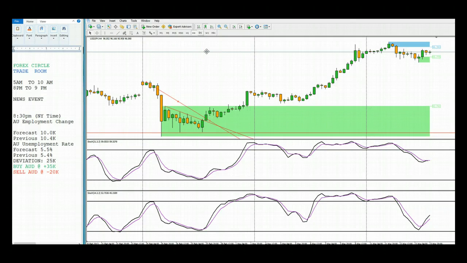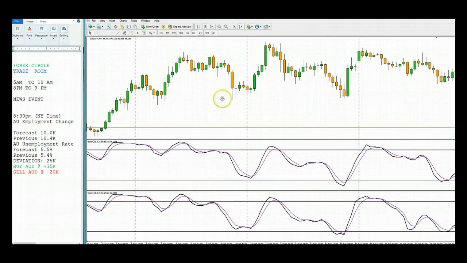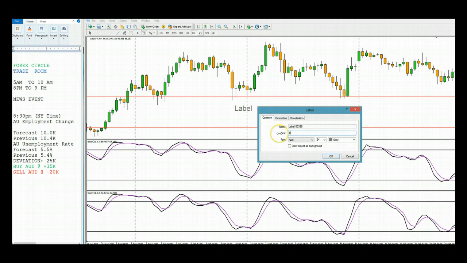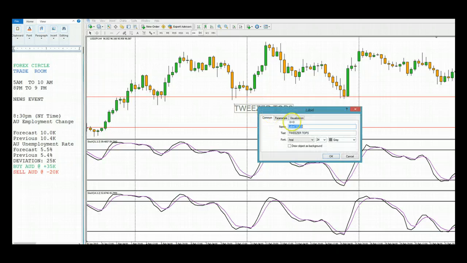Okay, before we were looking at tweezer tops, here are tweezer bottoms, where the wicks are almost equal in length. Okay, tweezer bottoms, where wicks basically are equal in length. I'm sorry, it's supposed to be a tweezer bottom, not a tweezer top.